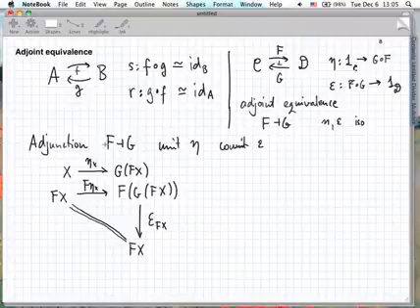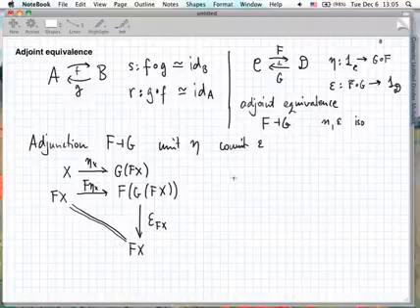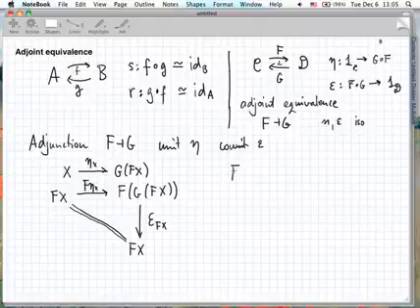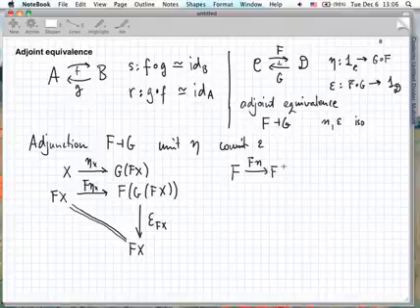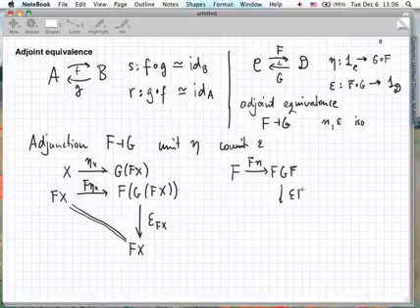To say that two functors f and g are adjoint is the same as to say that I have two natural transformations, eta and epsilon, such that, and now I can write it without the x, f eta goes to f g f, and epsilon f, such that this triangle commutes.